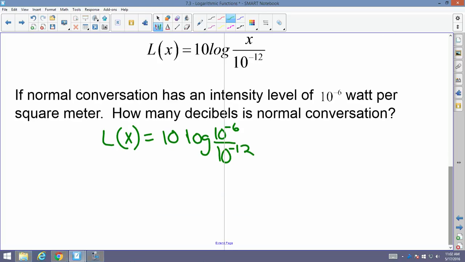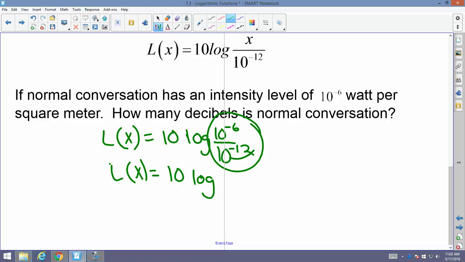So L of x equals 10 times log of, when I divide 10 to the negative 6 by 10 to the negative 12, I'm subtracting the exponents. So it's 10 to the negative 6 minus the negative 12, so it's 10 to the 6th power.